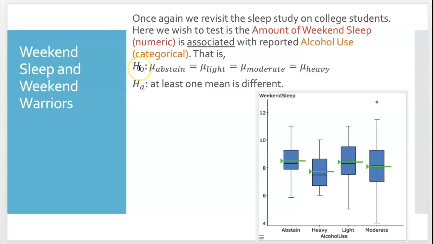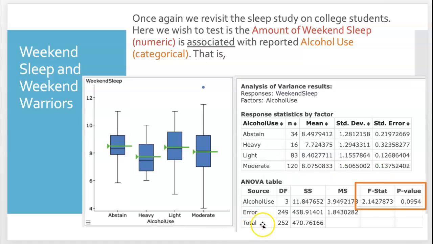That is, under the null hypothesis, the mean weekend sleep for the abstain group is equal to the mean for the light group, which is equal to the mean for the moderate group, which is equal to the mean for the heavy group. In terms of alcohol, these are abstain, light drinkers, moderate, and heavy. The alternative is just that at least one mean is different. I don't know where they're different; we're just saying at least one.